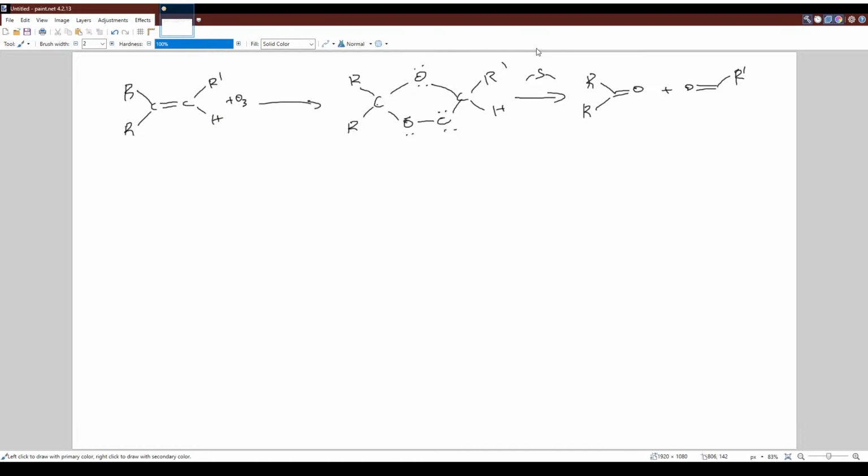I just need to know that we formed this ozonide thing. Or we can do zinc, actually, instead of DMS if we don't want. Okay, I need to add that to my notes. Okay. Alright.